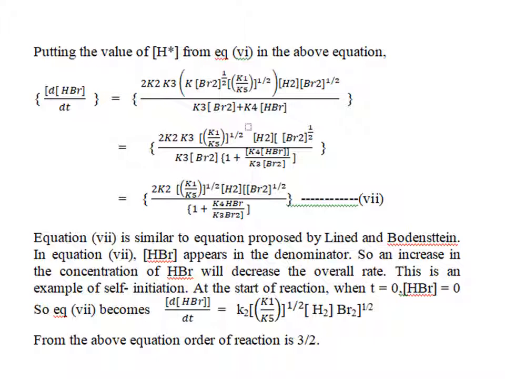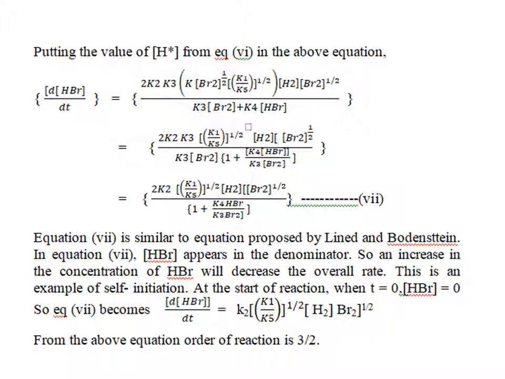Now this will be equal to 2K2 K3 into K1 over K5 under root into H2 concentration into Br2 concentration under root over K3 into Br2 concentration into 1 plus K4 HBr over K2 Br2 concentration.